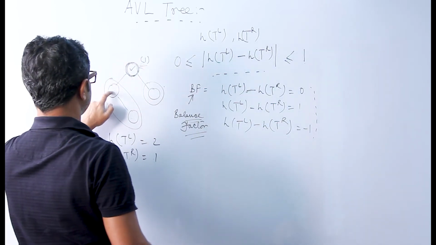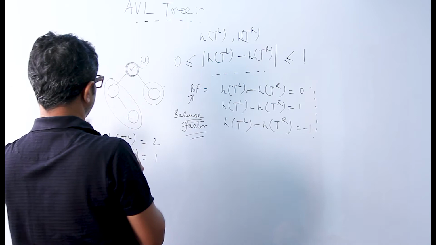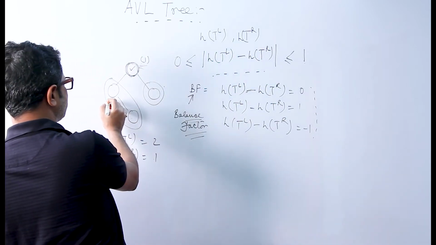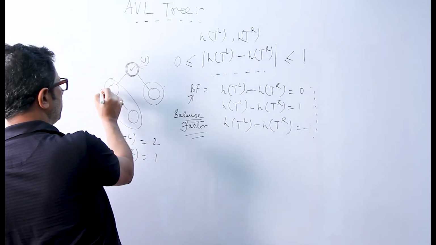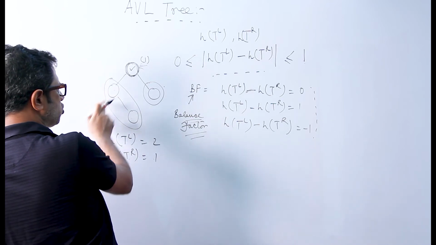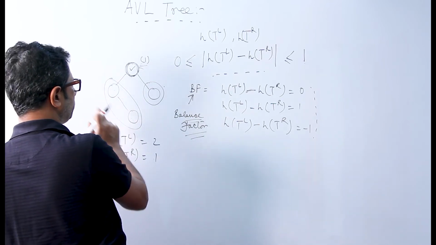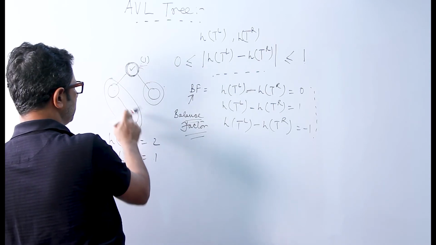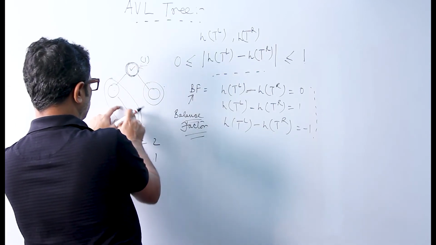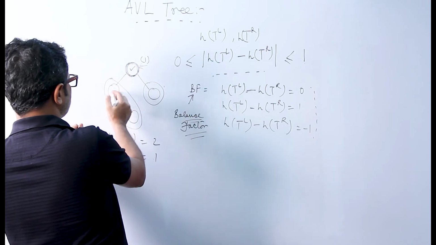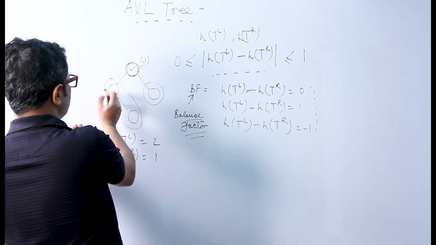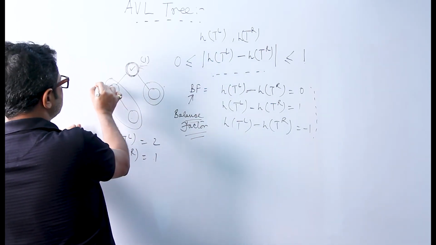Let us consider this node and see what its balance factor is. What is the HTL over here? HTL is 0, because there is no child, and HTR is 1 because there is only 1 node in the right subtree. So this will give you a balance factor of 0 minus 1, that is minus 1.